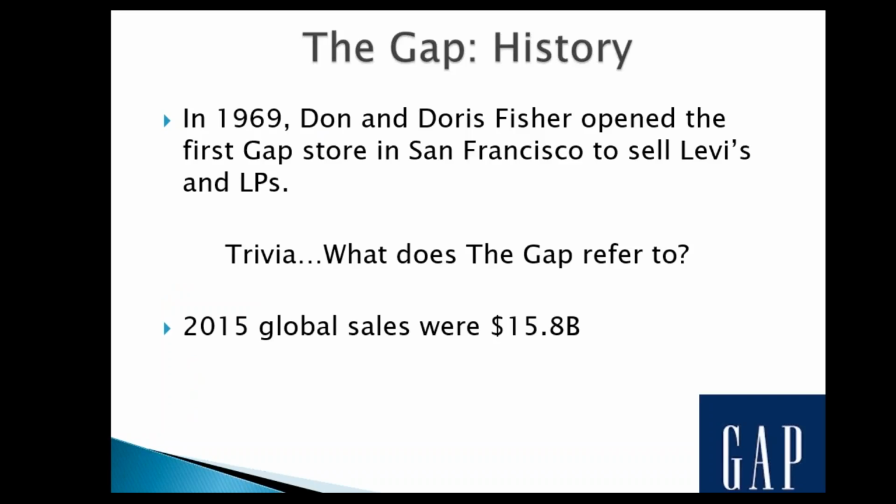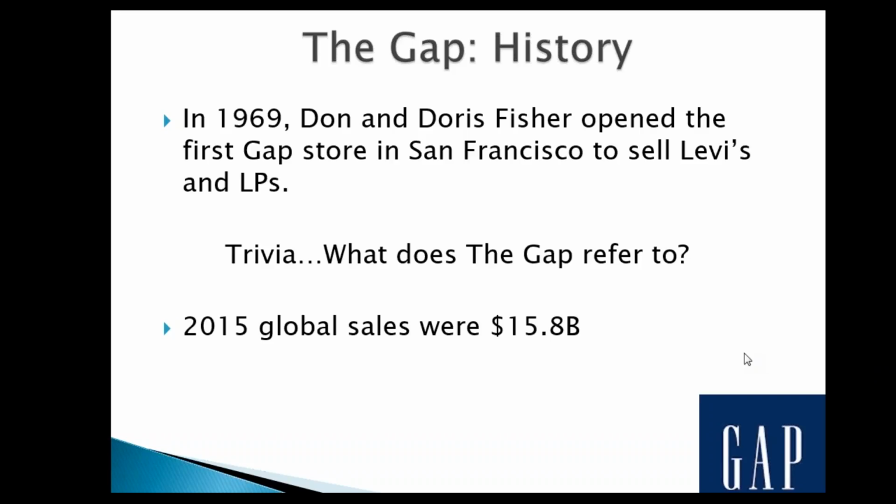So the history. In 1969, about 47 years ago, this couple, the Fishers, Don and Doris Fisher, opened up the first Gap store in San Francisco to sell Levi's jeans and LPs. LPs, for those of you who may not know, are records, the big old records.